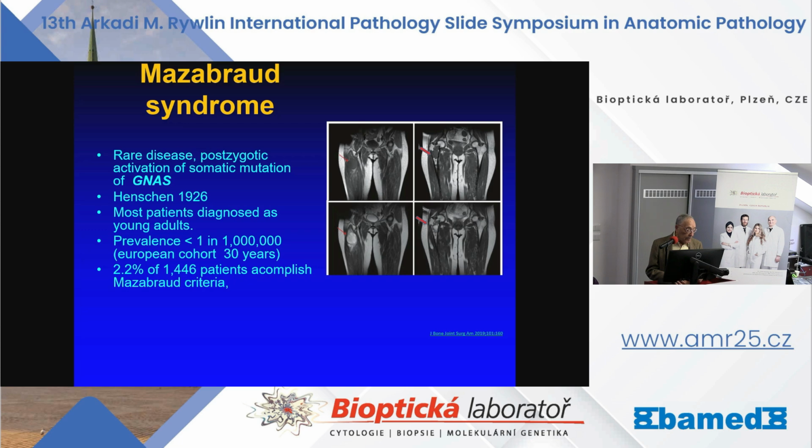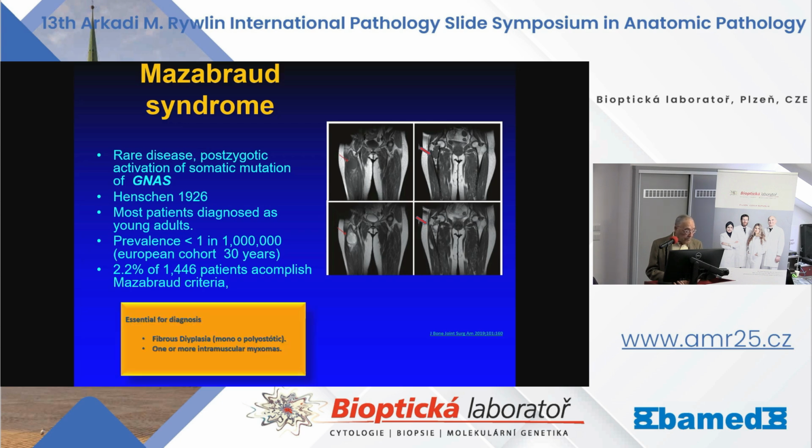The largest series is the European study, and in 1,400 patients, they only found 2% coexistence. Essential for diagnosis is fibrous dysplasia. It can be mono- or polyostotic, coexisting with or without other symptoms of fibrous dysplasia.